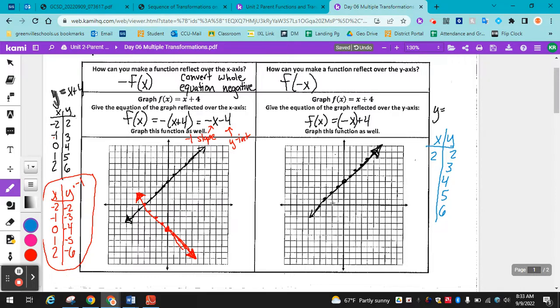So -2, 2, reflected over the y-axis. It's 2 to your line of reflection, so 2 to the other side. So it'd be over here. And you can do that to every single point. 1 to your line of reflection, 1 to the other side. 2 to your line of reflection, 2 to the other side. So now it's reflected over, try to hit your points.